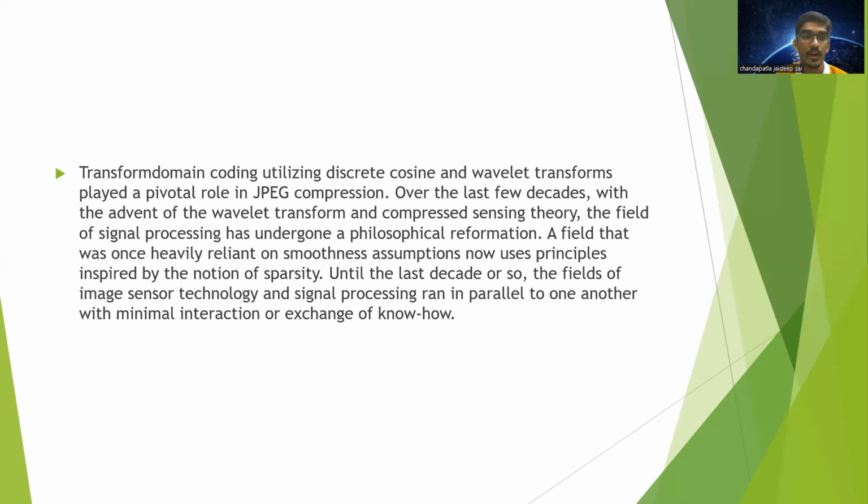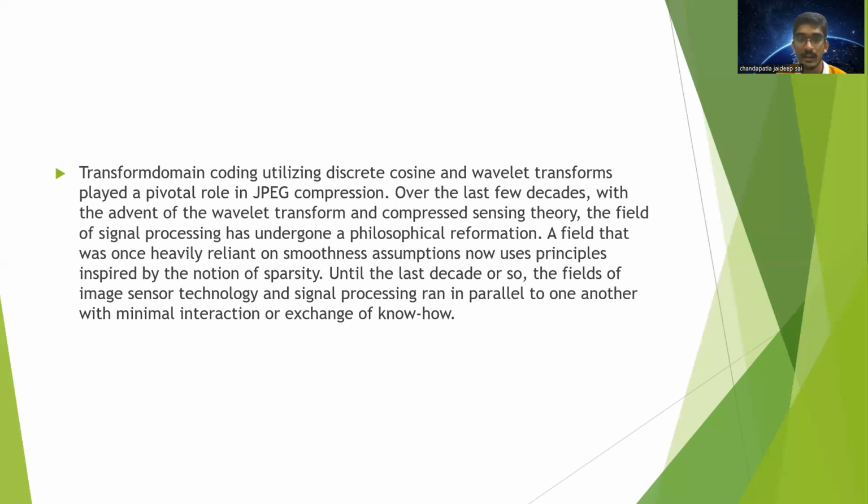So, transform domain coding utilizing discrete cosine and wavelet transforms played a pivotal role in JPEG compression. In the JPEG conversion of the image, the discrete cosine and wavelet transforms played a crucial role, and pivotal role means the crucial role. Over the last few decades, with the advent of the wavelet transform and compressed sensing theory, so many theories were made in the image processing world.